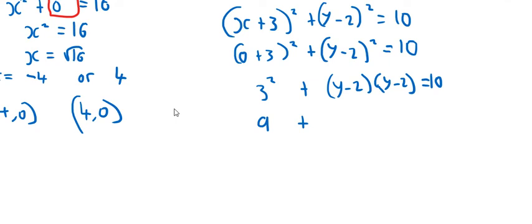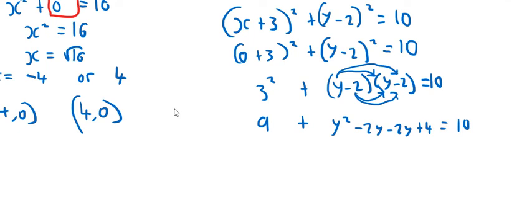I do y times y, then y times minus 2, then minus 2 times y, and minus 2 times minus 2. So this is expanding double brackets. So y² - 2y - 2y + 4 = 10. So I get 9 plus y², and minus 2y minus 2y is minus 4y, plus 4.